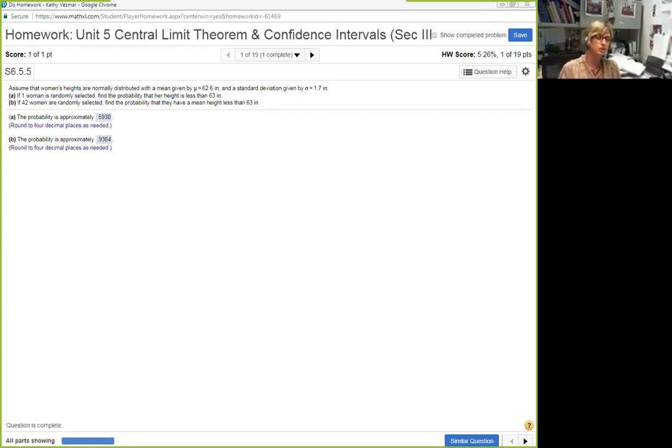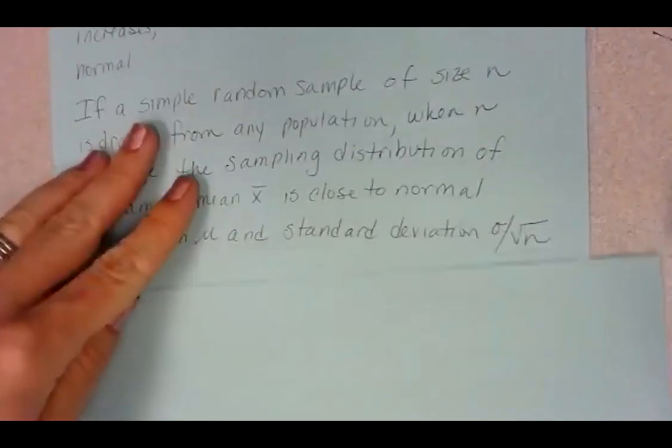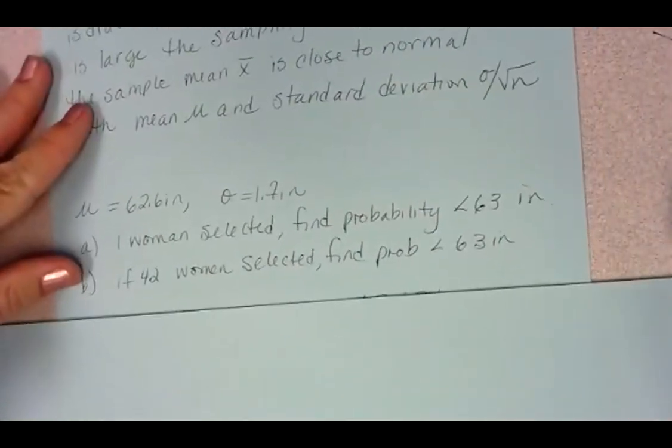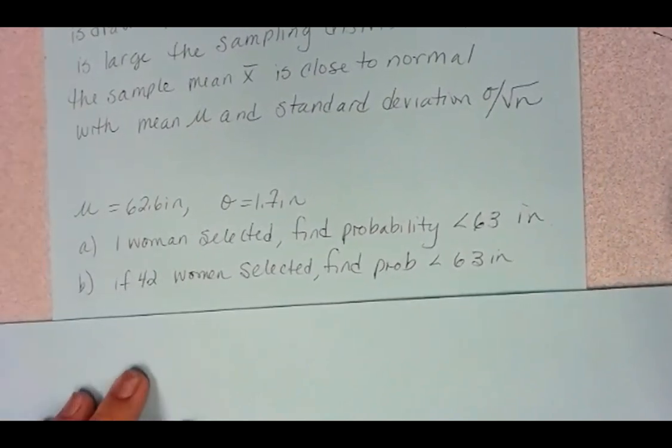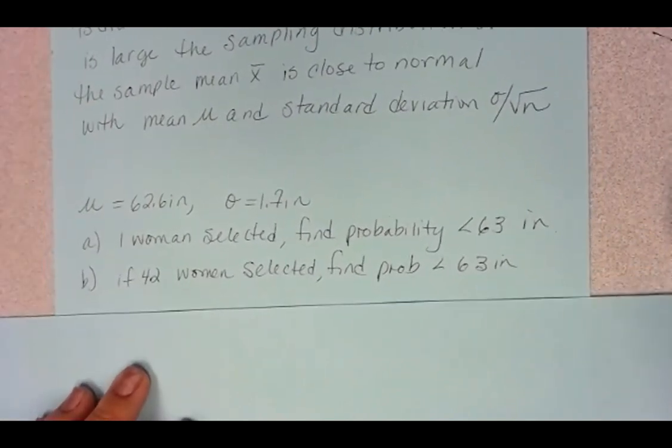We say, what if 42 women are selected? So I'm going to stop sharing that screen, and I'd like for you to look at what I've done here. Here are the two problems, a little bit of summary of information that you were given. We knew that mu was 62.6, sigma is 1.7.